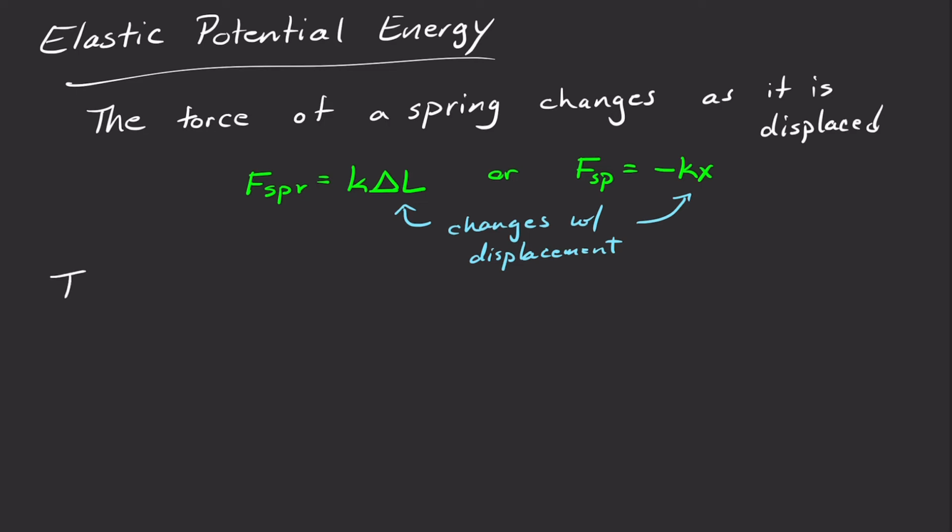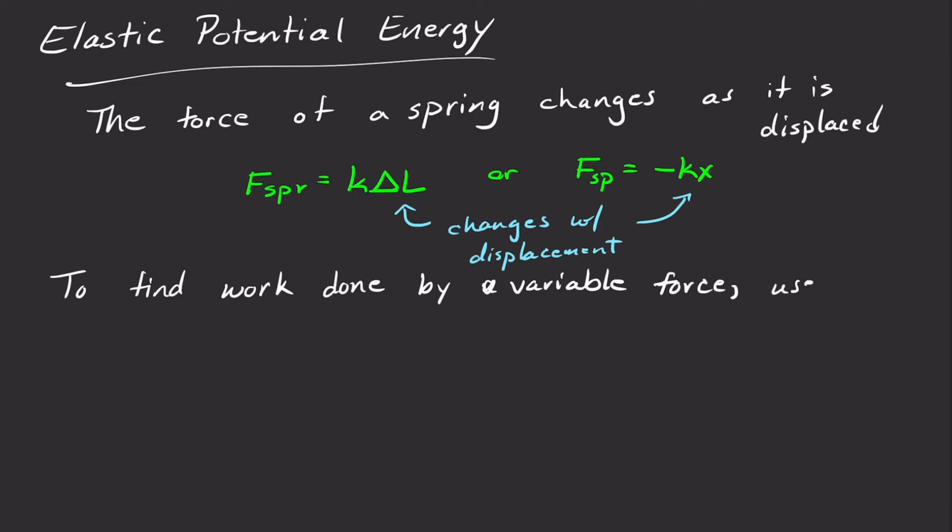So, to find the work done by a variable force, such as a spring, we can use the average force from 0 to kx.